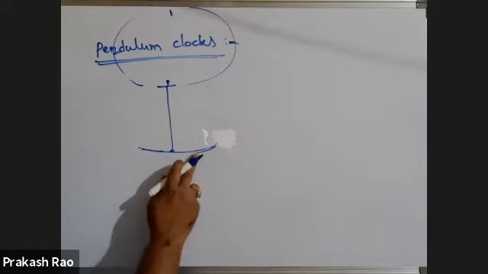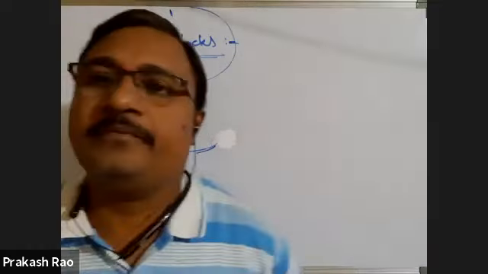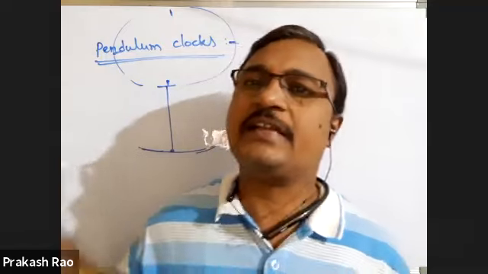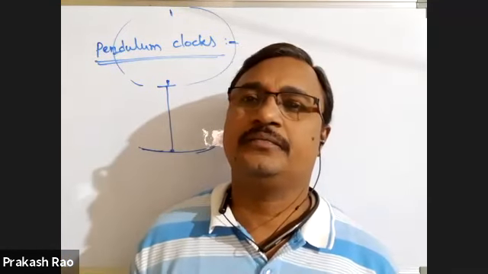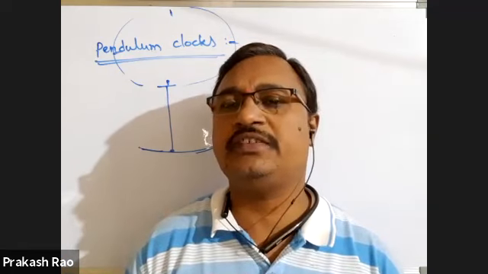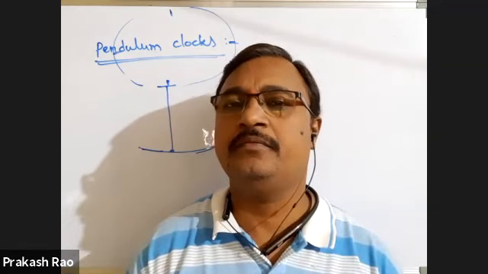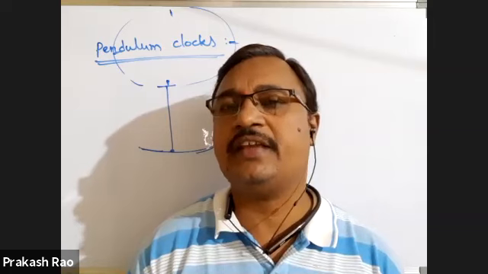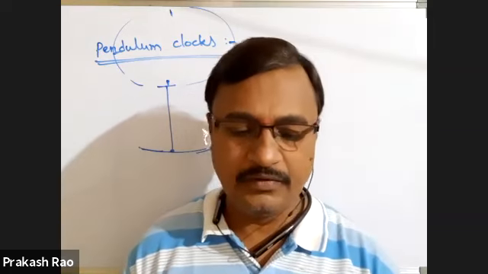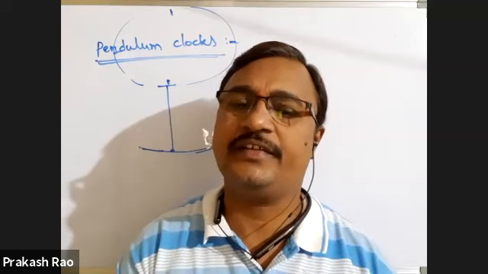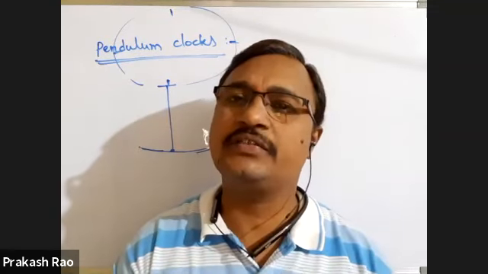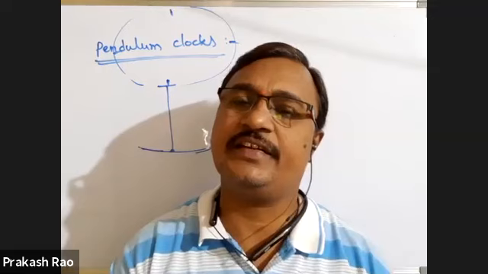The pendulum clocks will show the correct time at the temperature at which they are graduated. Graduated means prepared. For example, a pendulum clock is prepared at say 20 degrees centigrade, and now you are using it at say 30 degrees centigrade.